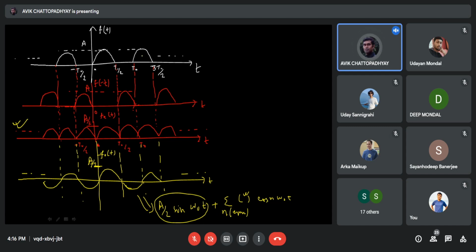Then it will be very easy, and the chance of making mistakes will be reduced, because you don't need to deal with big expressions, big calculations, or lots of integration. The probability of mistakes will be reduced drastically, and you can save time, especially in the examination hall.